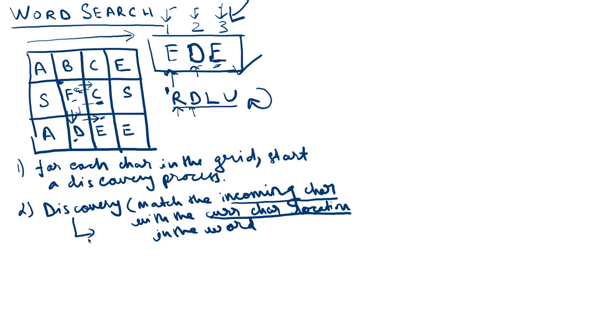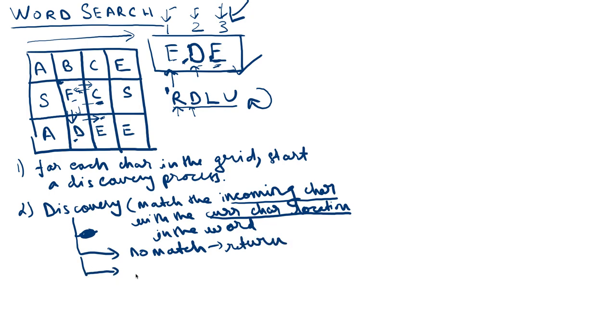So here we have cases. We will either have a no match, which means that for example C didn't match with D here. So that was the case of no match, and here we simply return.